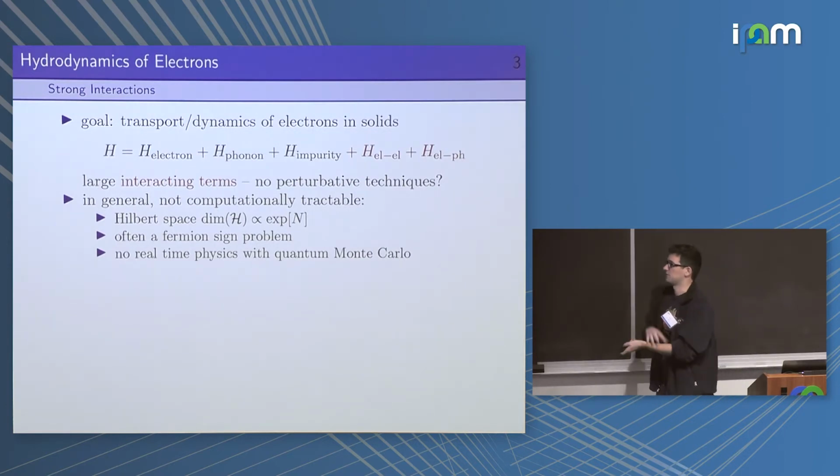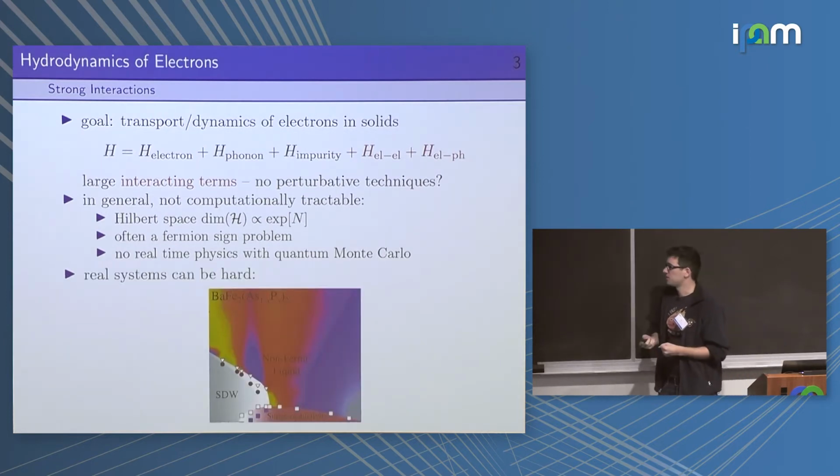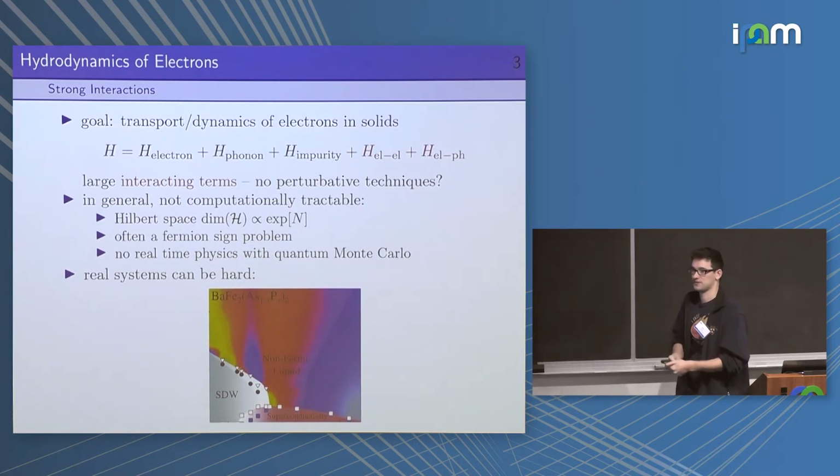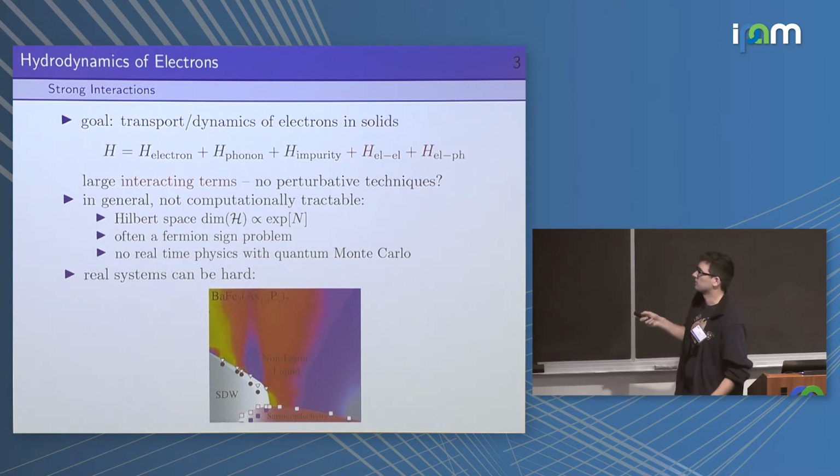So this is the background to which we're entering with our story about hydrodynamics. Maybe the last point that I should mention is that this is not some story that we tell theory students that has no relevance to the real world, because real systems are hard, or can be hard.